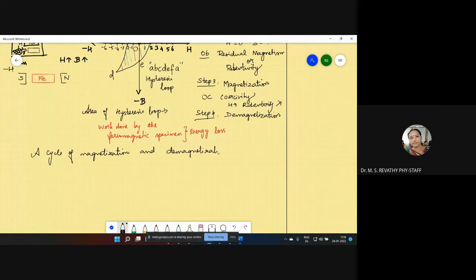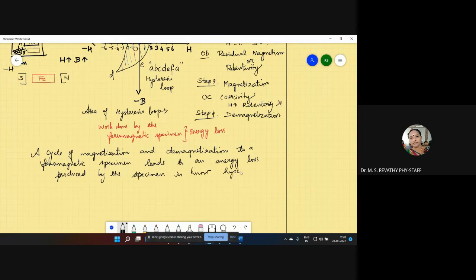magnetization and demagnetization of a ferromagnetic specimen leads to an energy loss produced by the specimen, which is known as hysteresis loss.